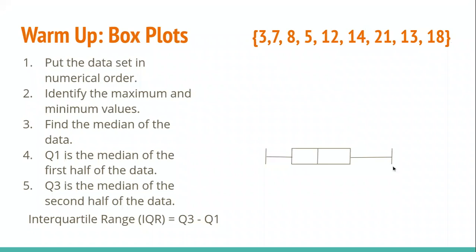So now, at step 2, you now have 2 of the 5 numbers that will be used for your box plot. The next number you find will be the median of the data. So the middle of the data goes under the middle line of the box.